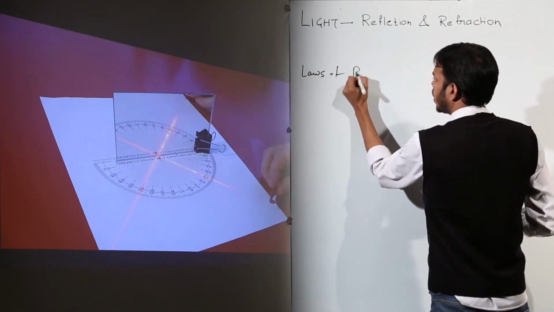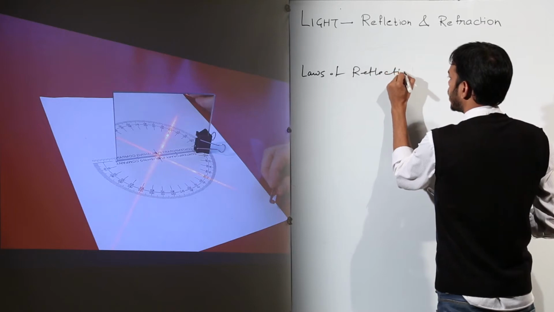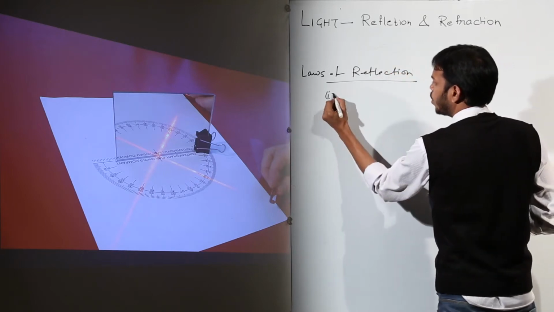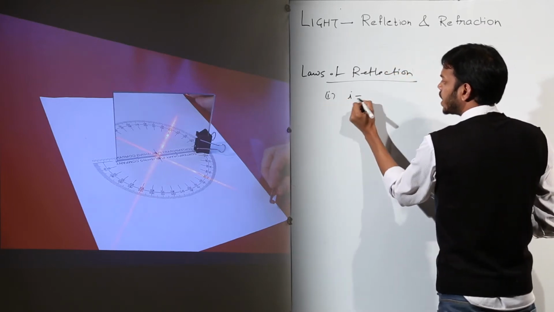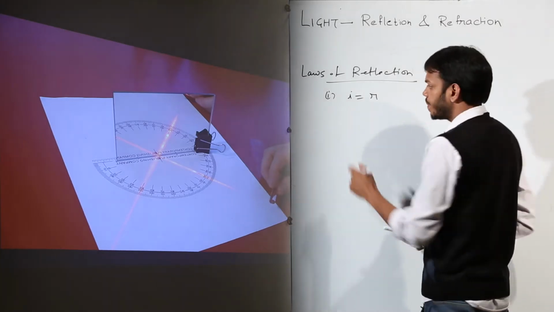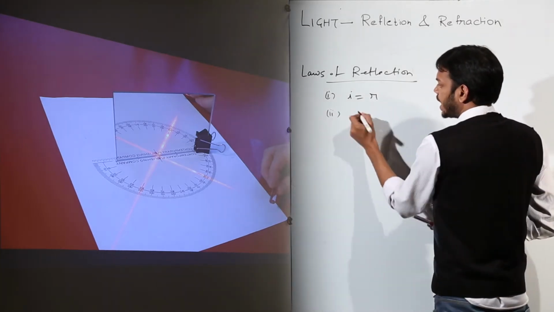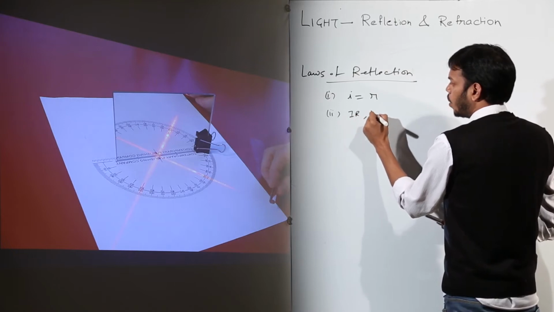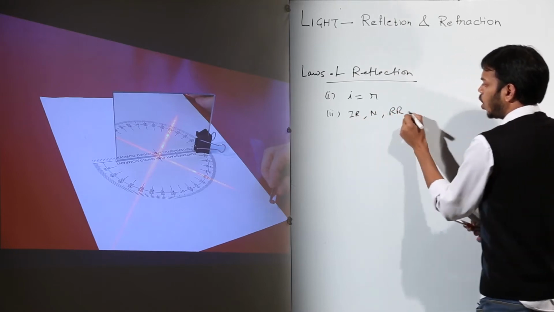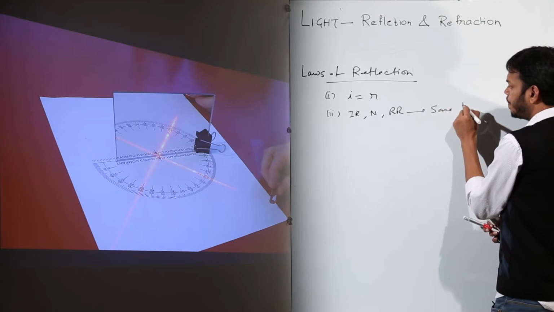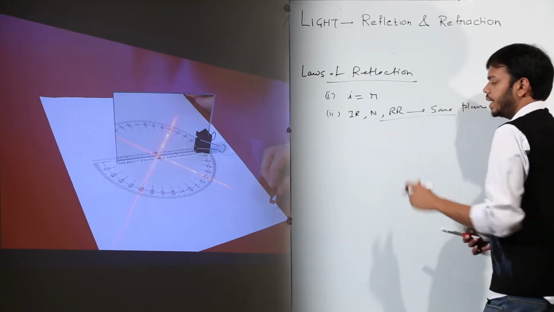The first one, and the most important, was angle of incidence is equal to angle of reflection. The second thing was that the incident ray, normal and reflected ray all lie in the same plane. They won't lie in different planes.